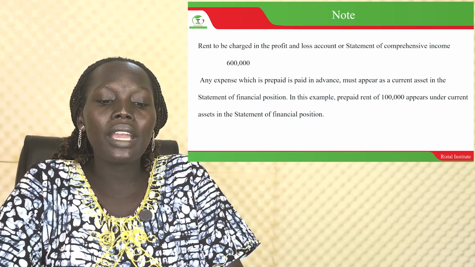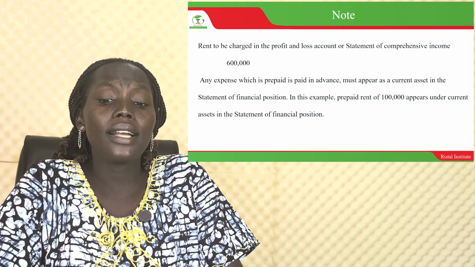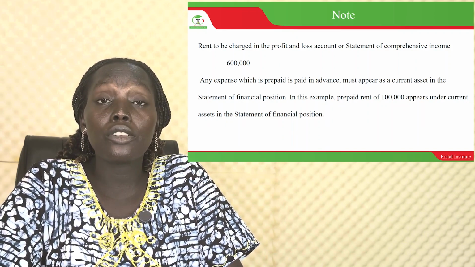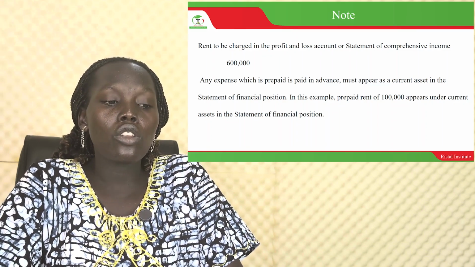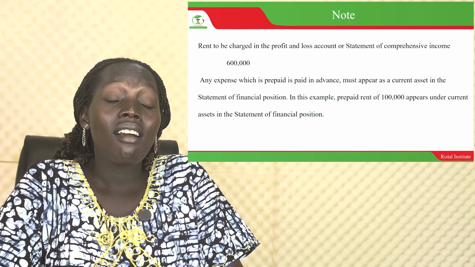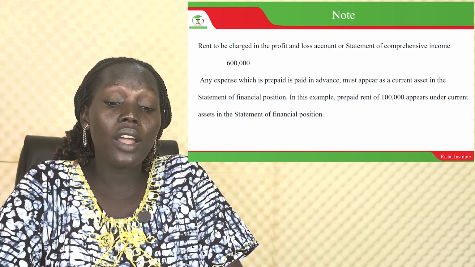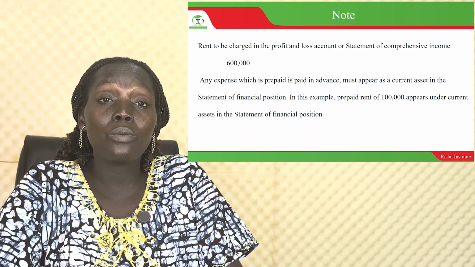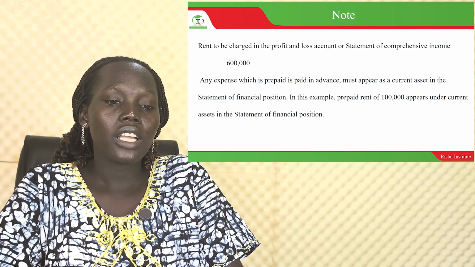So the prepaid rent of 100 appears under current assets in the statement of financial position. So the 600 is the one that we shall put under our income statement, and the 100,000 SSP is the one that shall appear in our balance sheet. So that's our note.